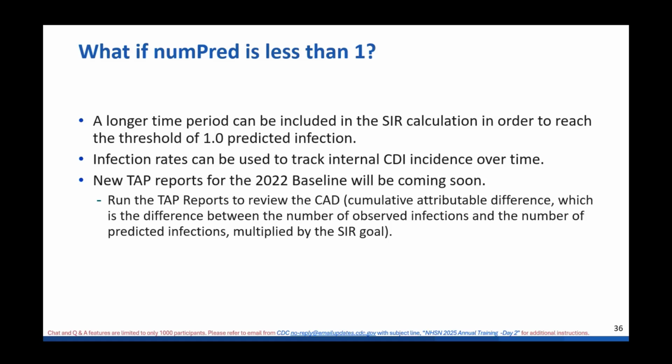However, if that is not possible, as an alternative, you may be able to view infection rates to track the internal CDI incidence over time for your facility. And lastly, there will be an option to utilize the new TAP reports that will be updated for the 2022 baseline, which will be coming soon, and we will send out notification regarding when those new reports will be available.